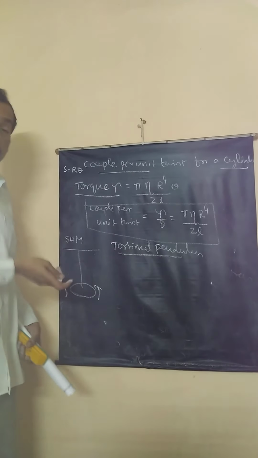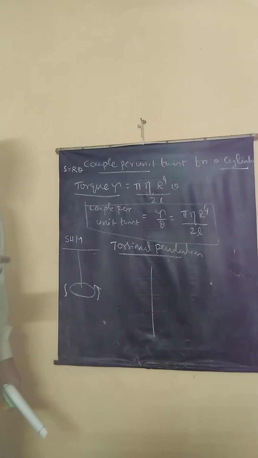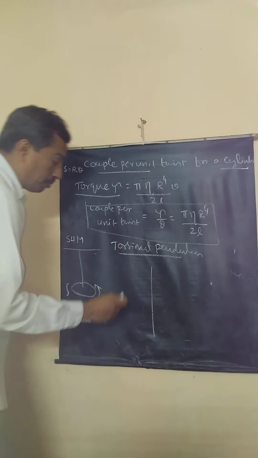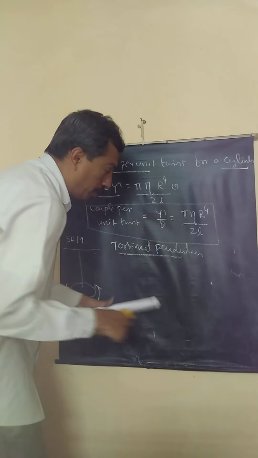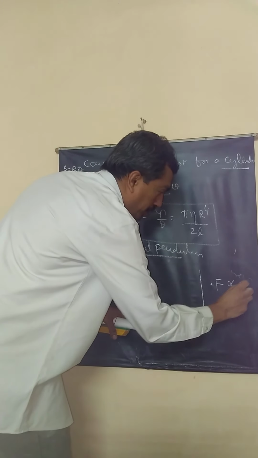Then what is this expression similar to in the simple harmonic oscillations experienced in a normal vibration? We all know in a normal simple harmonic vibration, force is proportional to displacement.